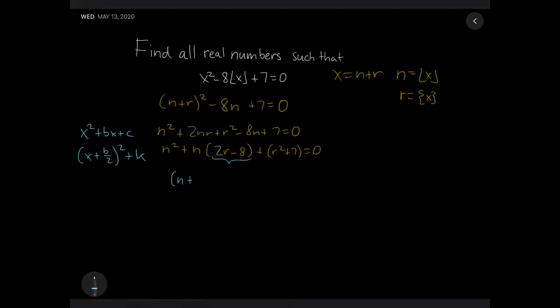Did I say r over 4? I meant r minus 4. And how much do we need to add to both sides? Well, (r - 4)^2 is equal to r^2 - 8r + 16. And we had an r^2 + 7 earlier. So we need to add 9 minus 8r to both sides. So this is going to become 9 minus 8r. Let me move this.